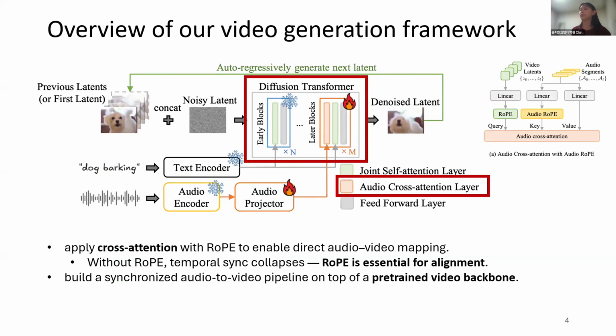We experimented without RoPE, but we could not capture the temporal synchronization, so RoPE is essential for alignment. And we build on a pre-trained video backbone to utilize its ability to generate high video quality.